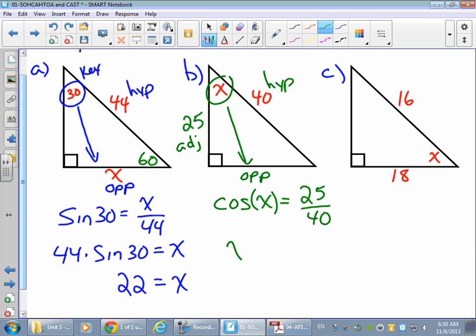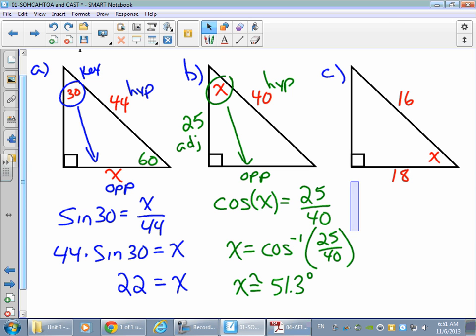And so to solve, as we saw a moment ago, I'm going to do this calculation. For now, we'll make sure our calculators are in degrees. We will be using radians as we proceed. And so x is approximately 51.3 degrees. One decimal place for degrees is probably ideal for most of the work we do.